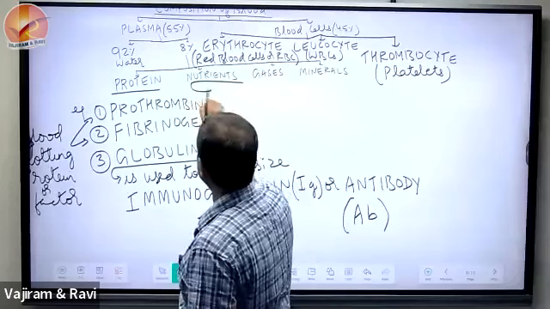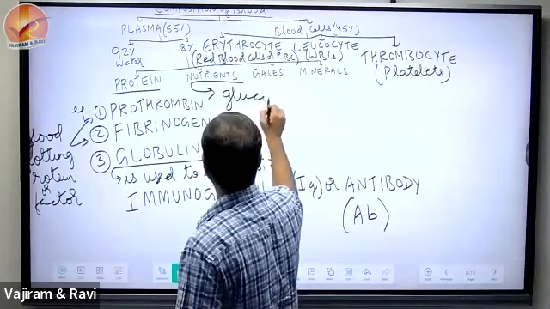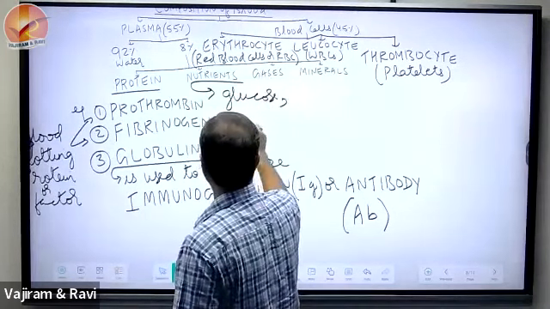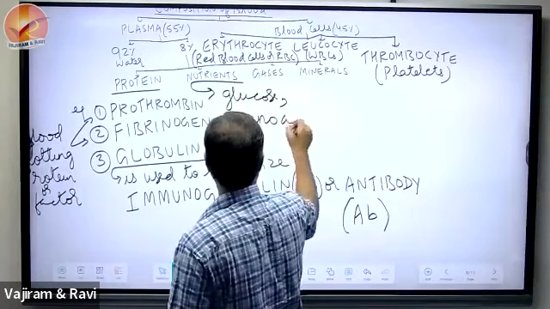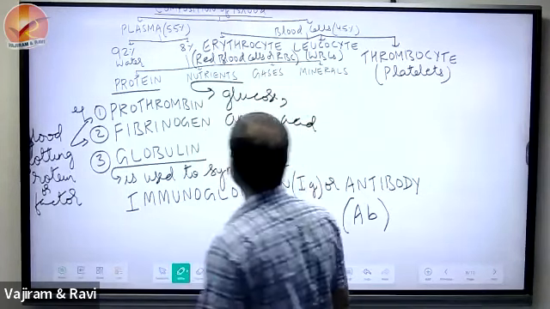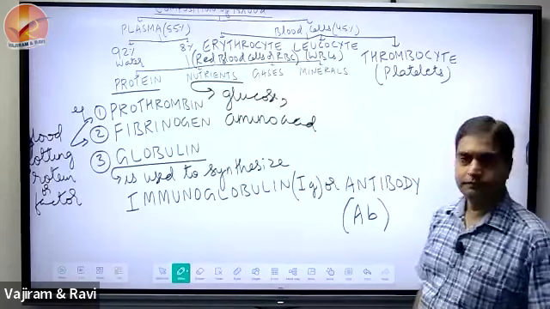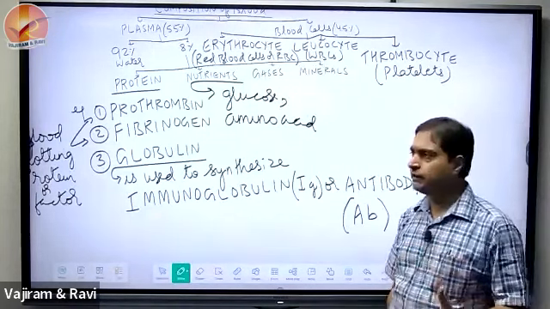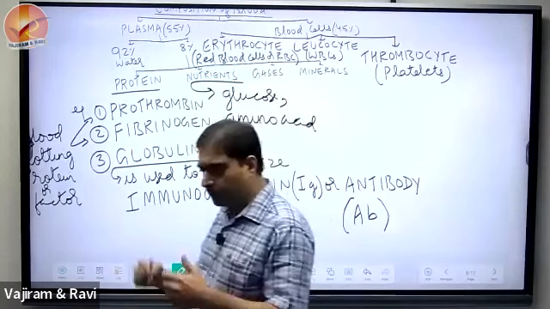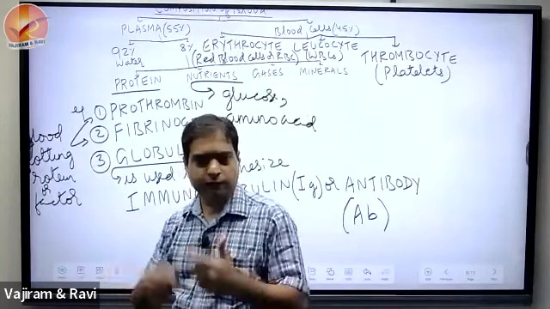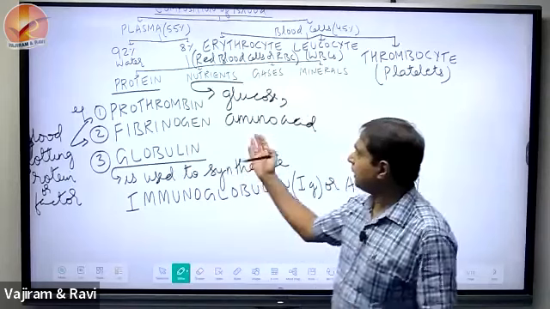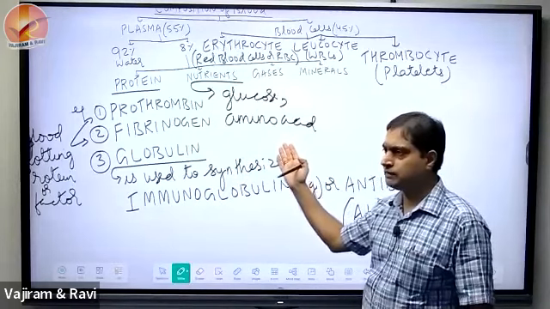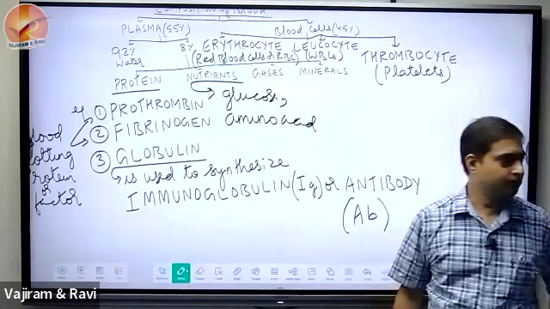Now, as nutrients, you can write example as glucose, amino acid. So blood is a transporting medium. Blood transports glucose, blood transports amino acid. Amino acids are the building blocks of proteins.